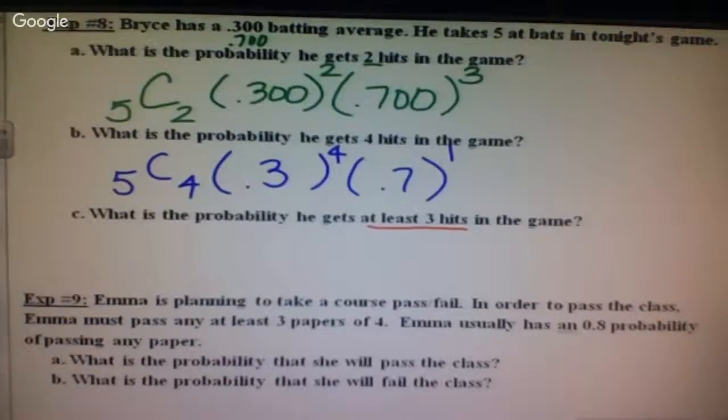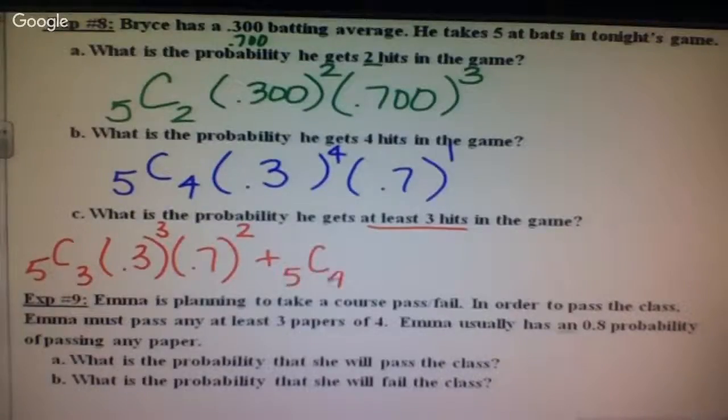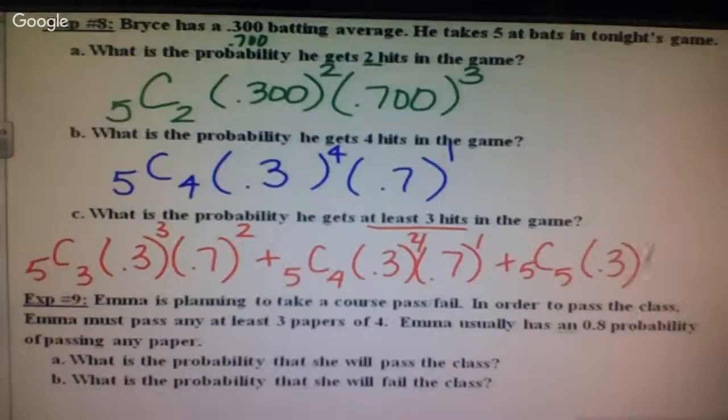So we have to take into consideration, we're going to do it 3 times, which means I hit it 3 and I miss it 2, or 4 times. I hit it 4 and I miss it 1, or 5 times. I hit it 5 and miss it none.